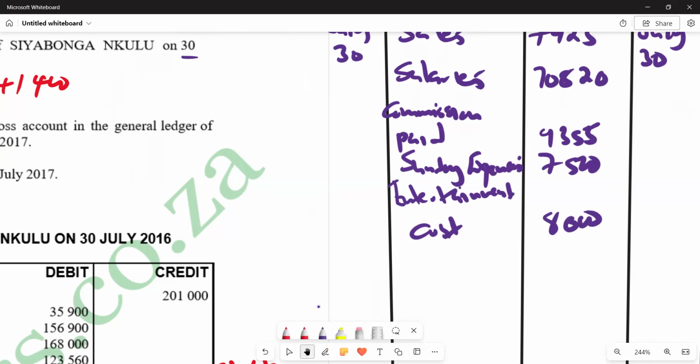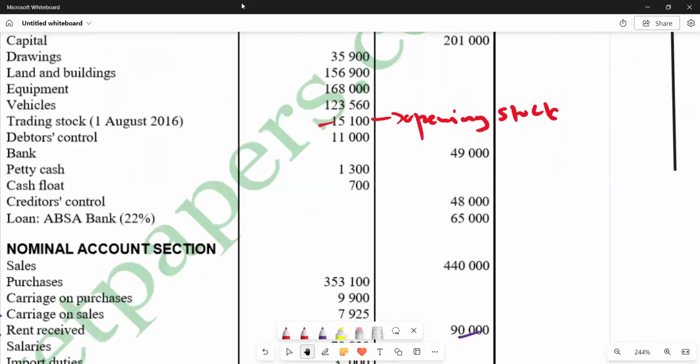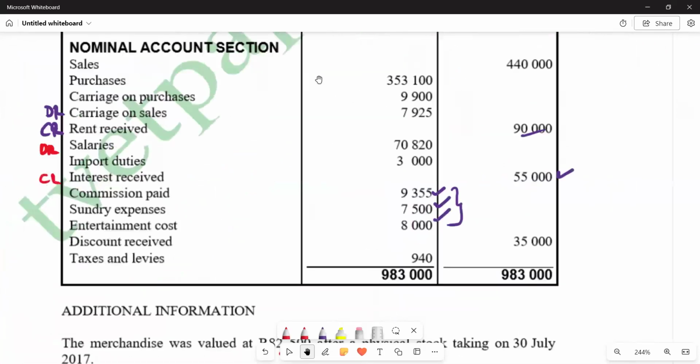Then after entertainment costs, check again. What do we have? We have got discount received is an income, we skip it. We've got taxes and levies, which is 940, which is the last that we have.